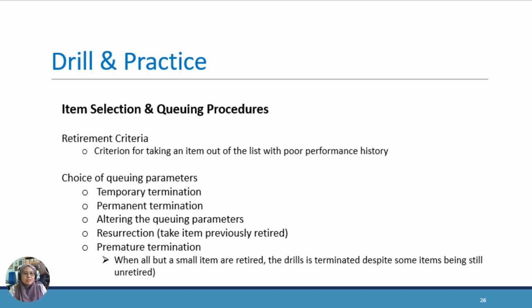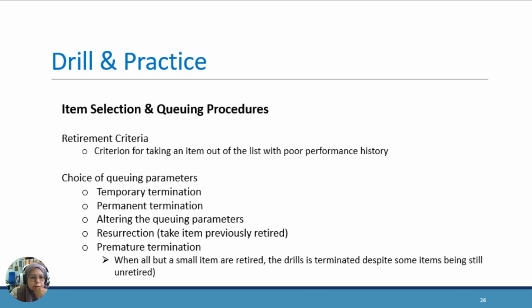Queuing. For retirement criteria, the criteria for taking an item out of the list with a poor performance history. So we have to set the criteria here, which is with the list of poor performance history. And then it will allow you a choice of queuing parameters.